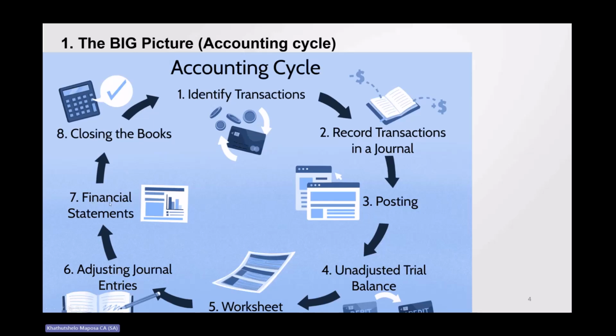The financial statements consist of 5 parts. One, the statement of profit and loss and other comprehensive income. Two, the statement of financial position. Three, the statement of changes in net assets, or statement of changes in equity. That's what it's called sometimes. It's the same thing.